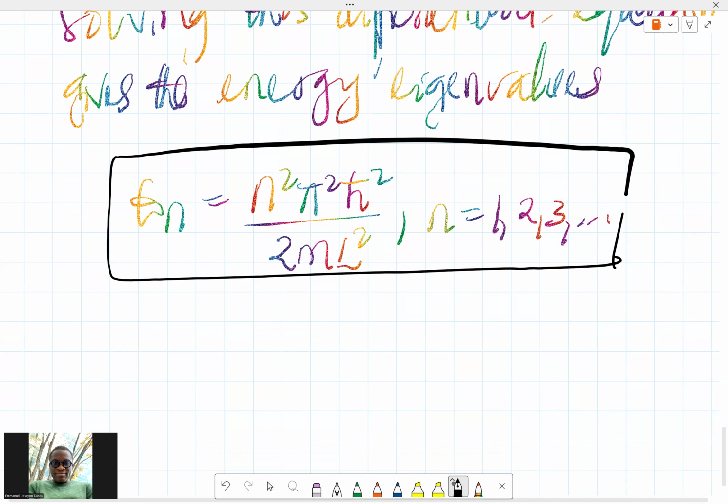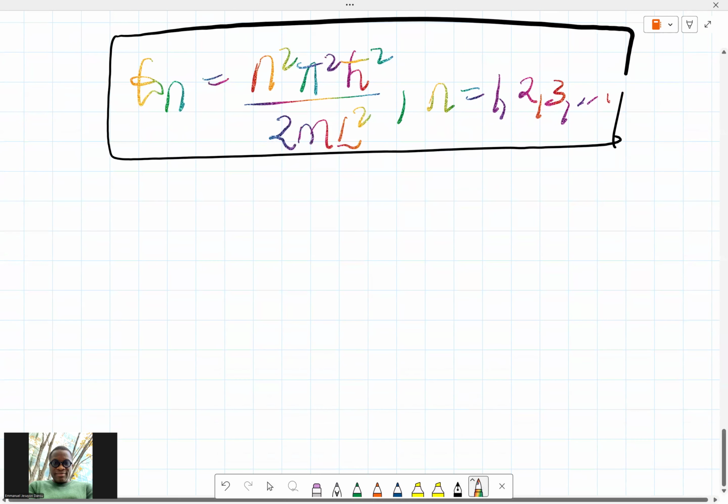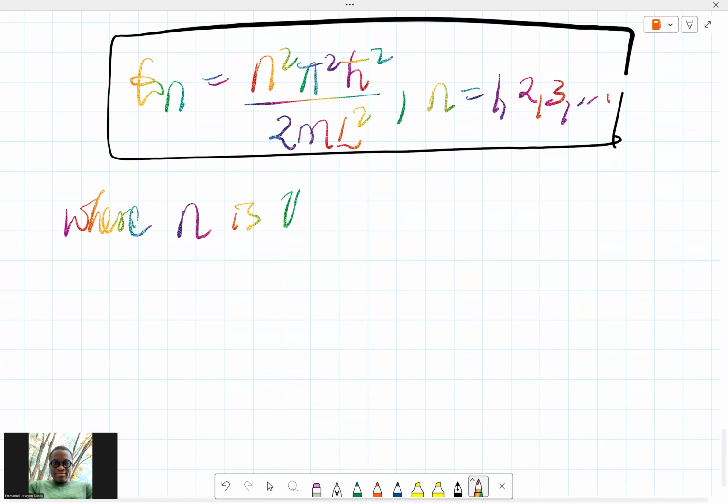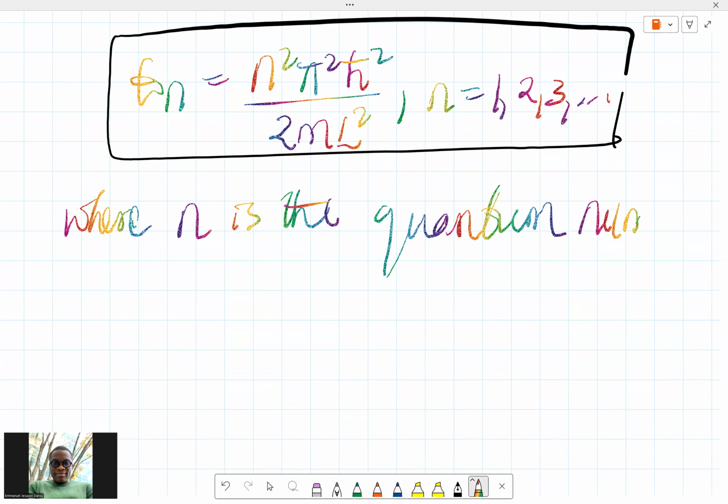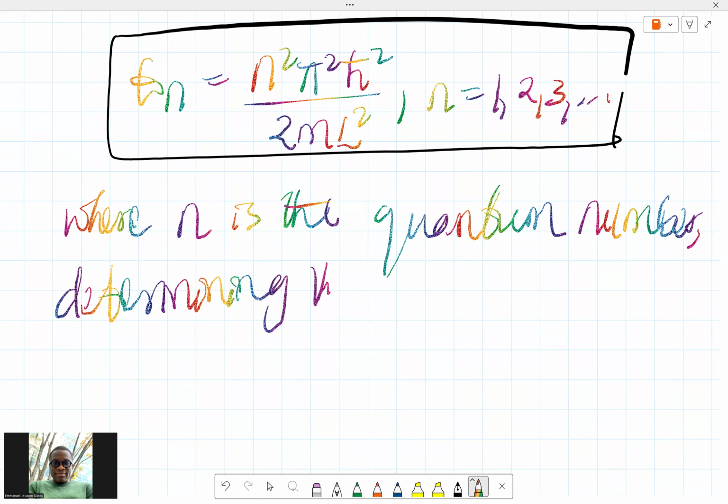Those are the energy eigenvalues, where n is the quantum number determining discrete energy levels.